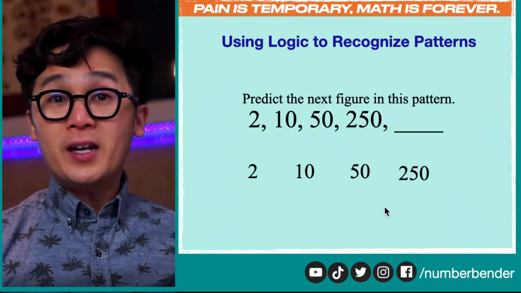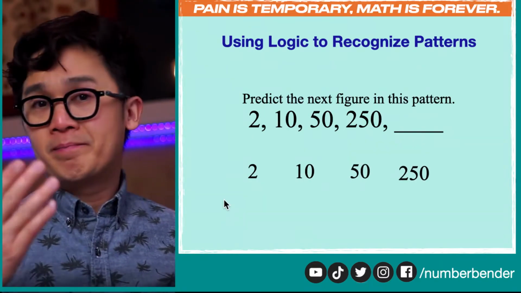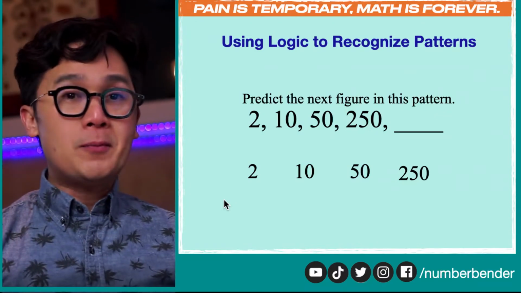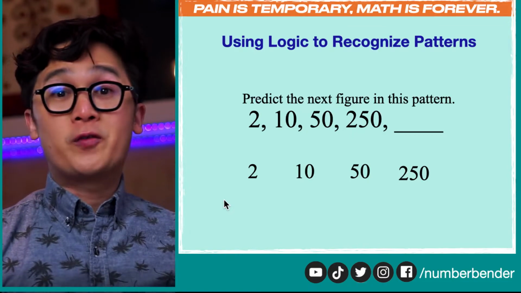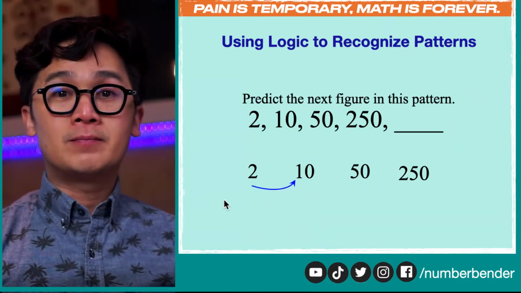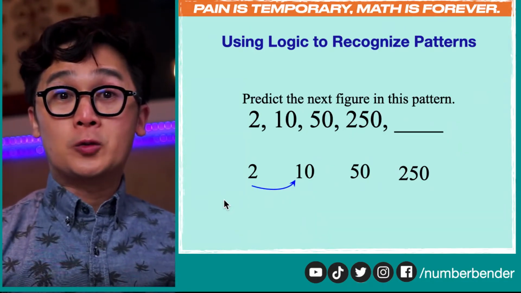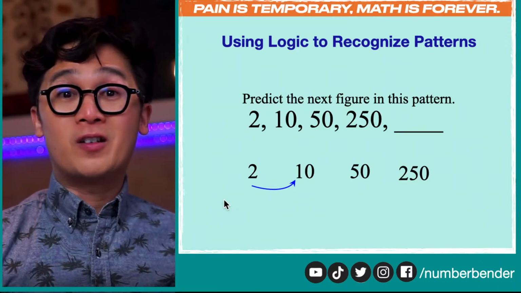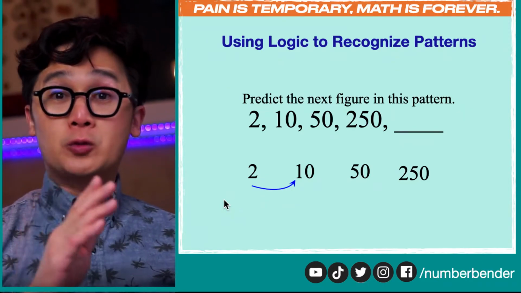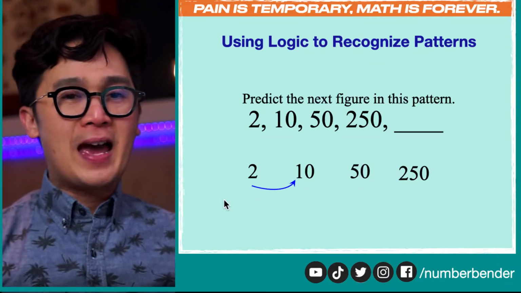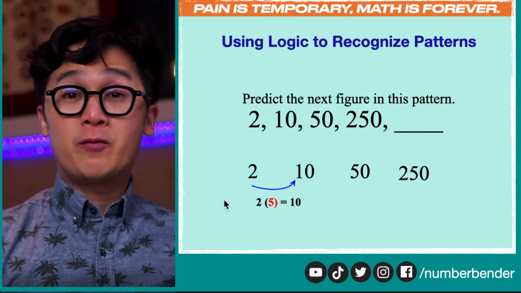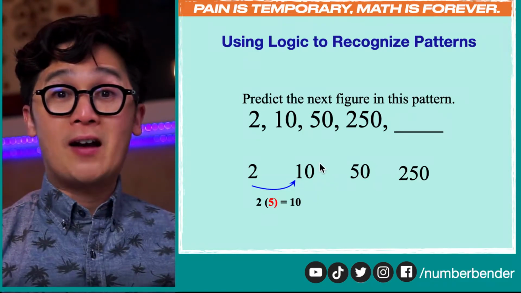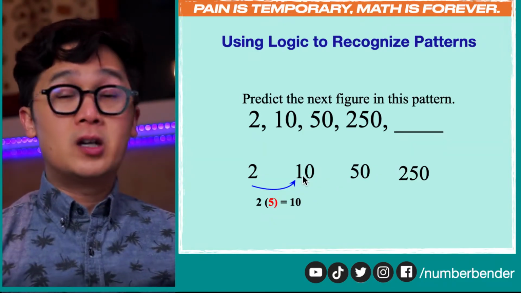Just like what we did, we're going to be using patterns and logical thinking to understand and predict the number that we are looking for. From 2 to 10, how does this number grow? Maybe we are multiplying by 5. If we multiply 2 by 5, it equals 10. That's why we have 10 after 2.